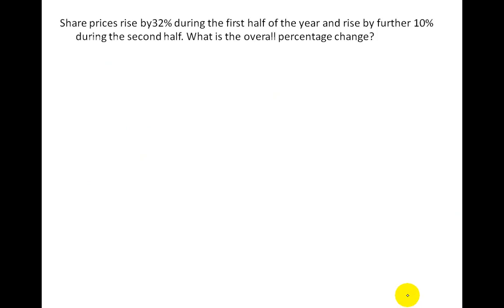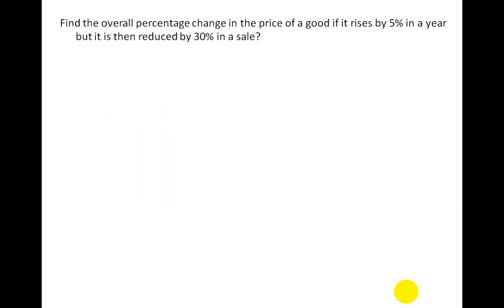Another question, it says find the overall change in the price of a good if it rises by 5% in a year, but then it's reduced by 30% in a sale. So here you have a rise, then a reduction. So first let's see the 5%.